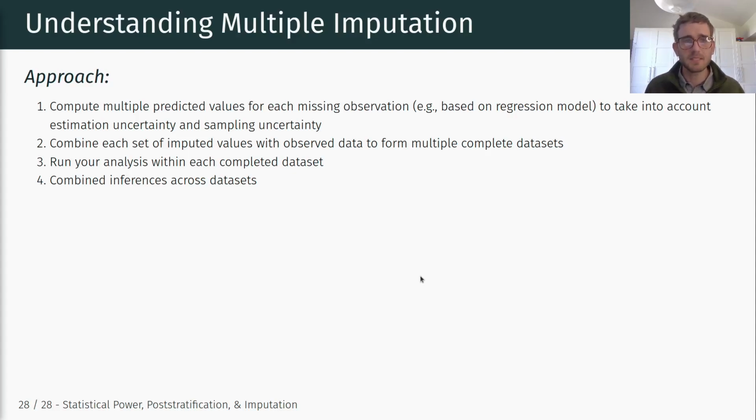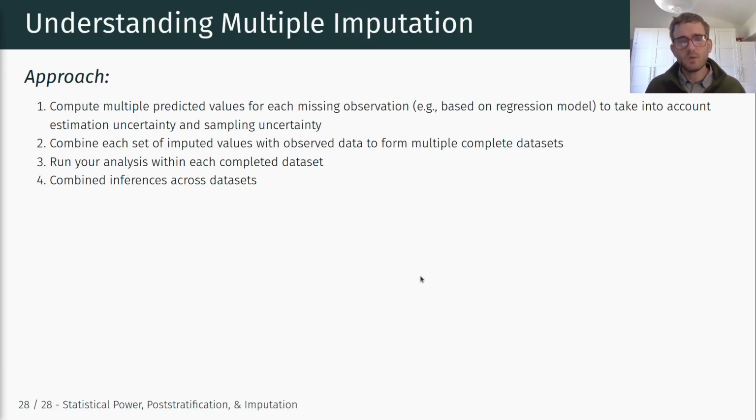Then the next step is to combine each set of imputed values with the observed data to form multiple complete data sets. So basically we have not only one data set that has all missing values filled in, but we have, for example, a set of 5 iterations where, of course, the observed data stays constant. But for each of those missing values, we now have a different value that replaces the missing observation.